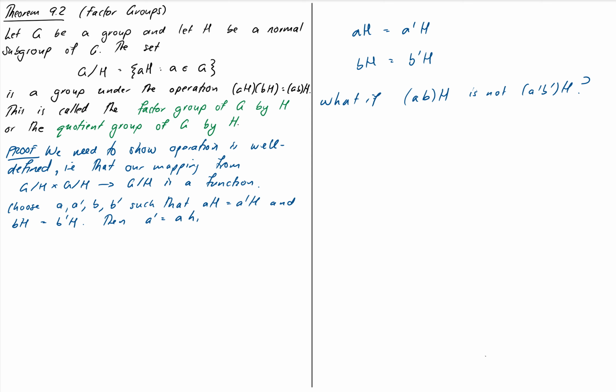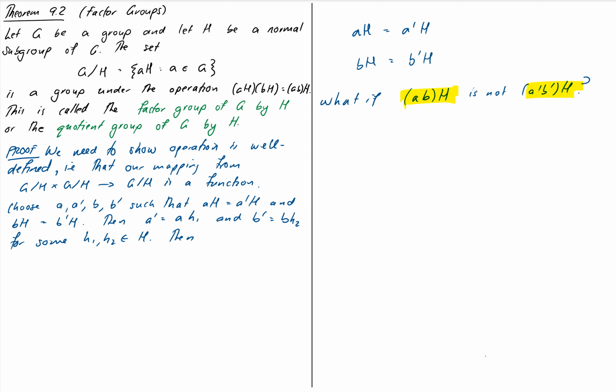They only differ by some factor in our subgroup H. And B prime, likewise, is going to be B times H2, for some H1 and H2 from our subgroup. Now what we're going to do is essentially show that these two things have to be exactly the same coset.